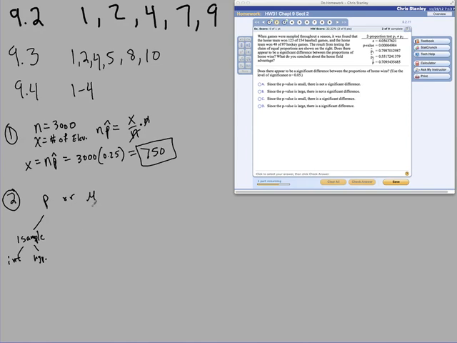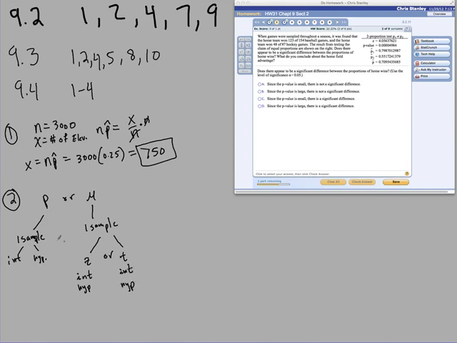Now for a mean, we've only done one sample, but there were two different things. It could have been a z or it could have been a t, and it was either an interval or a hypothesis test.